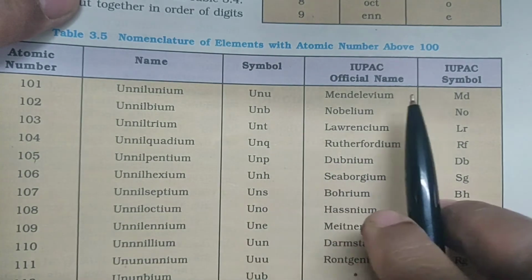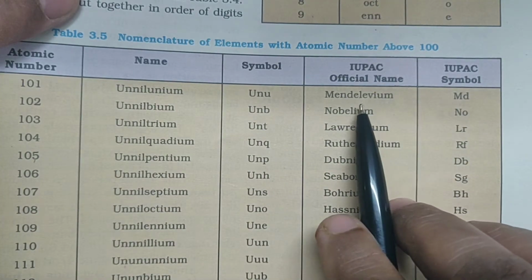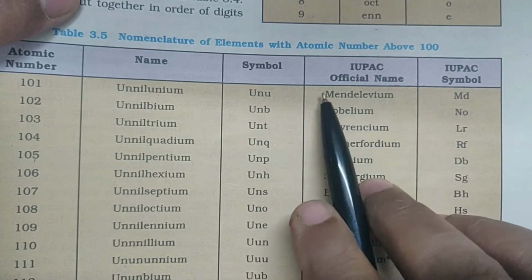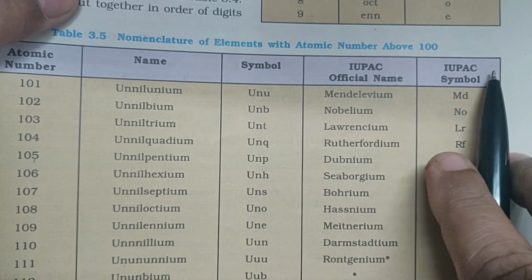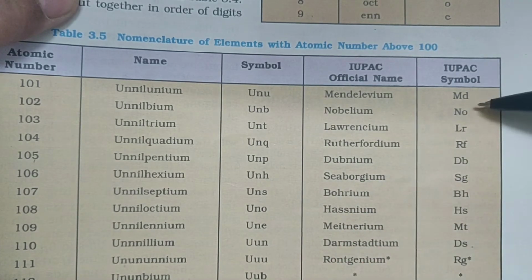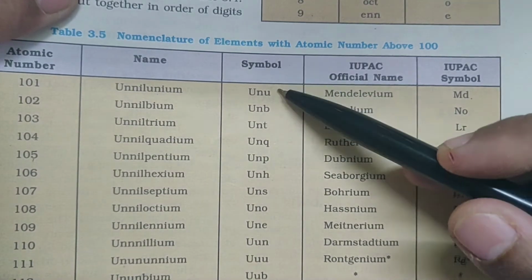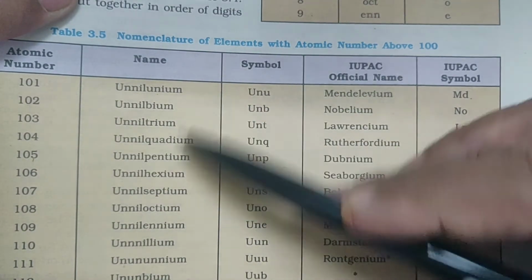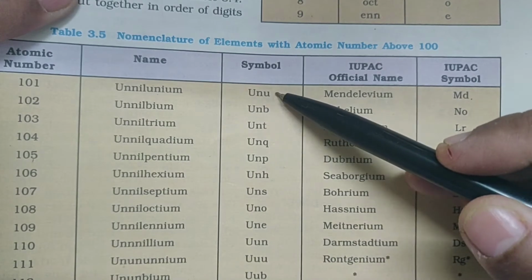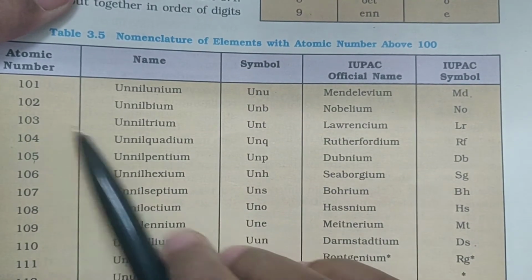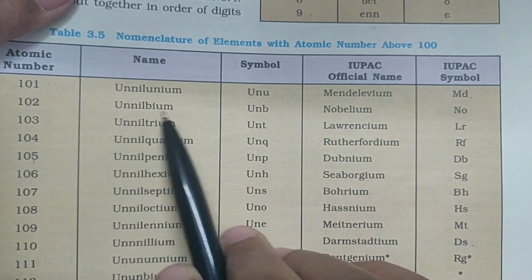Okay, now this is the element called Mendelevium, and the symbol is MD. Okay, now the symbol that we are using here in this way, it is UNU. So like that you have 102, so it is un, nil, bium.